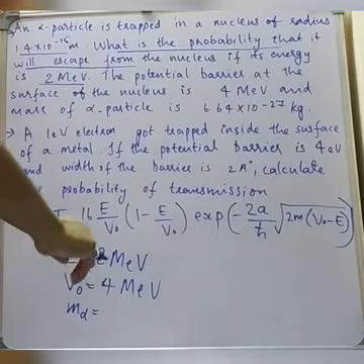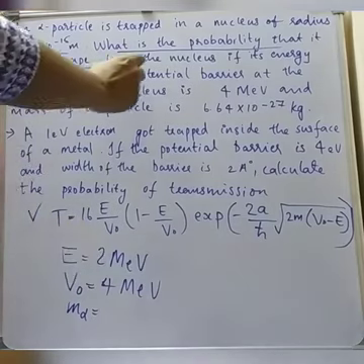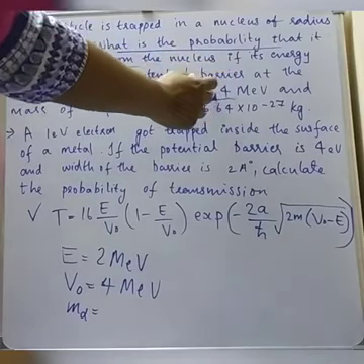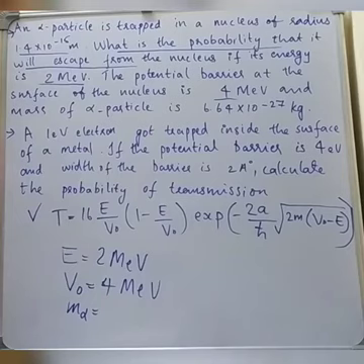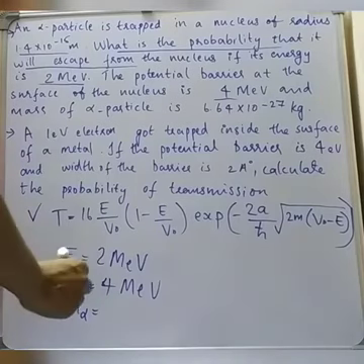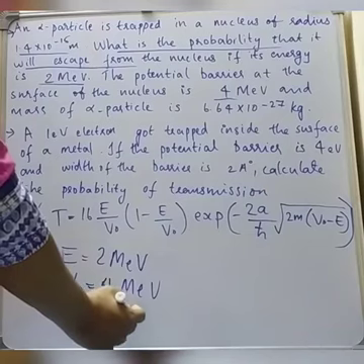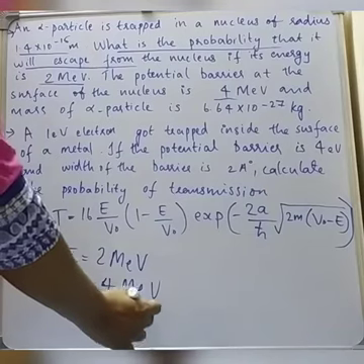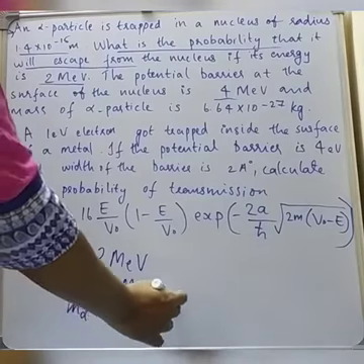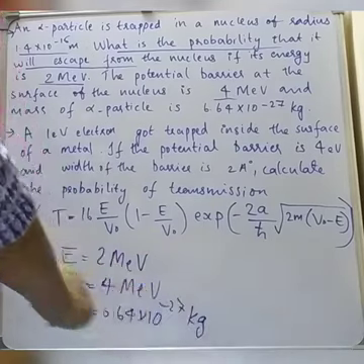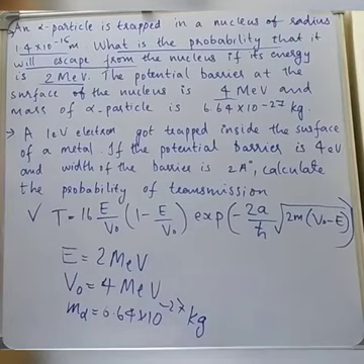Energy is given as 2 MeV, and the potential barrier at the surface of the nucleus is V0 = 4 MeV, and the mass of the alpha particle is 6.64 × 10^-27 kilogram. All the values are given.